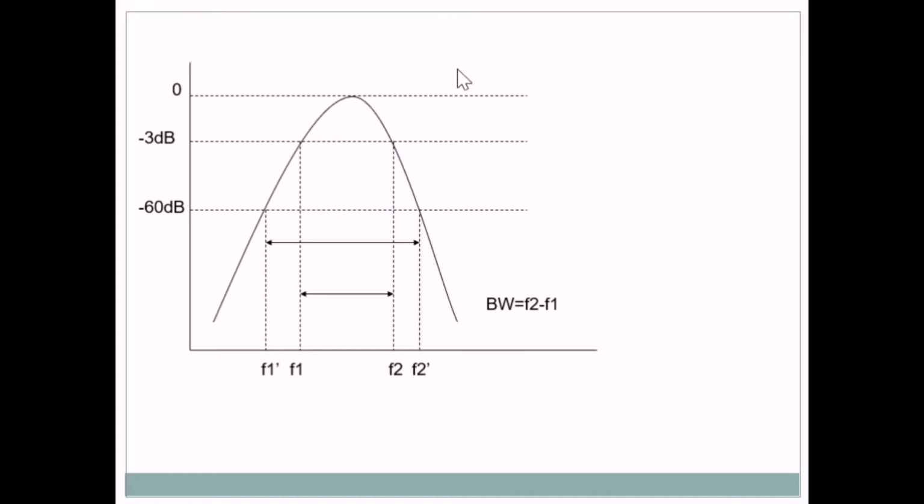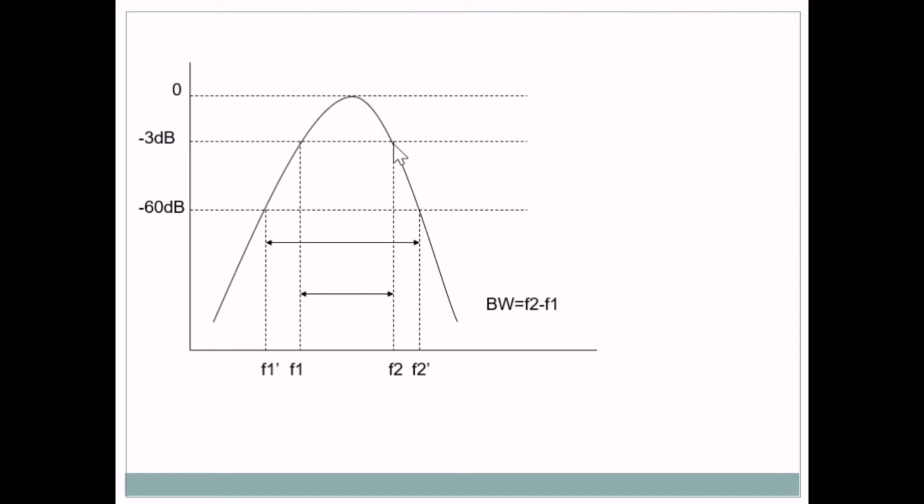This figure shows how you can obtain the bandwidth at -3 dB and -60 dB. For example, you have a response like this, which is a frequency response. You need to make a line at -3 dB and another one at -60 dB. The points that cross the frequency response will be F1, the first point, and the last point will be F2.